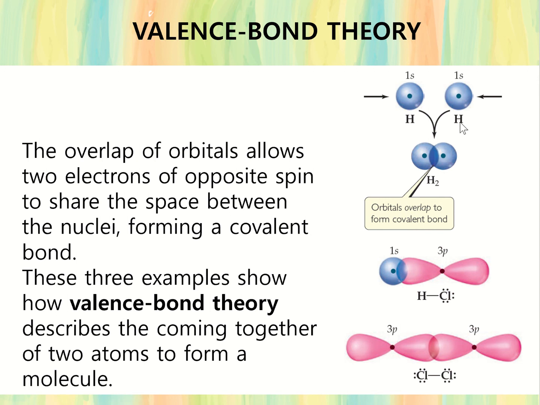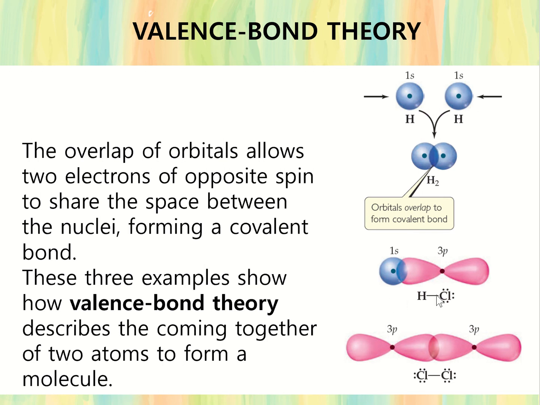So just imagine that you have that electron here and here in the orbitals, and then the orbitals overlap to form covalent bonds. So it is the overlapping of the orbitals and the sharing of electrons that forms the molecule seen here, which is the hydrogen molecule, right? Which, as we know, is a diatomic gas.